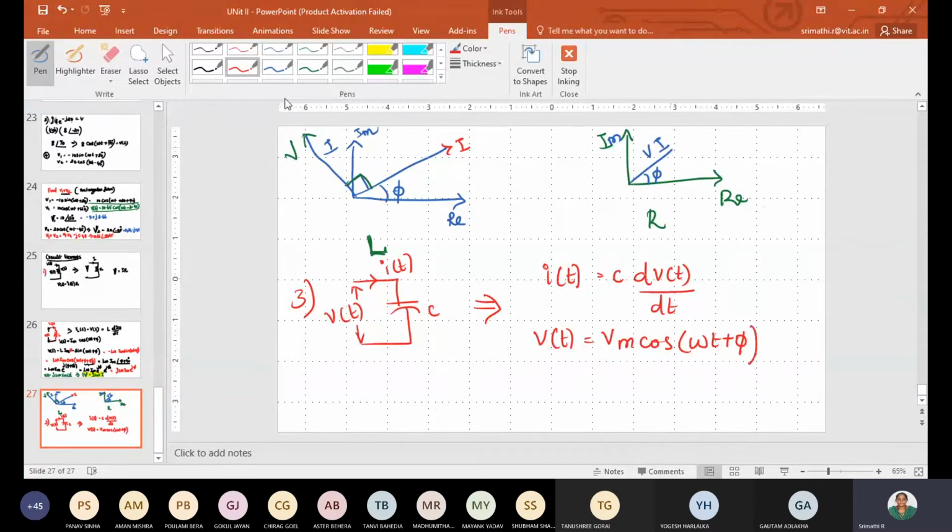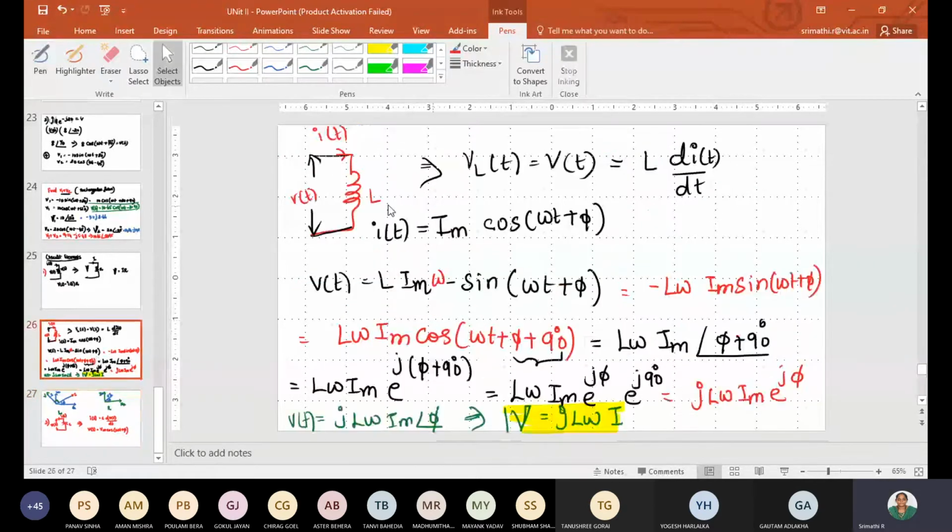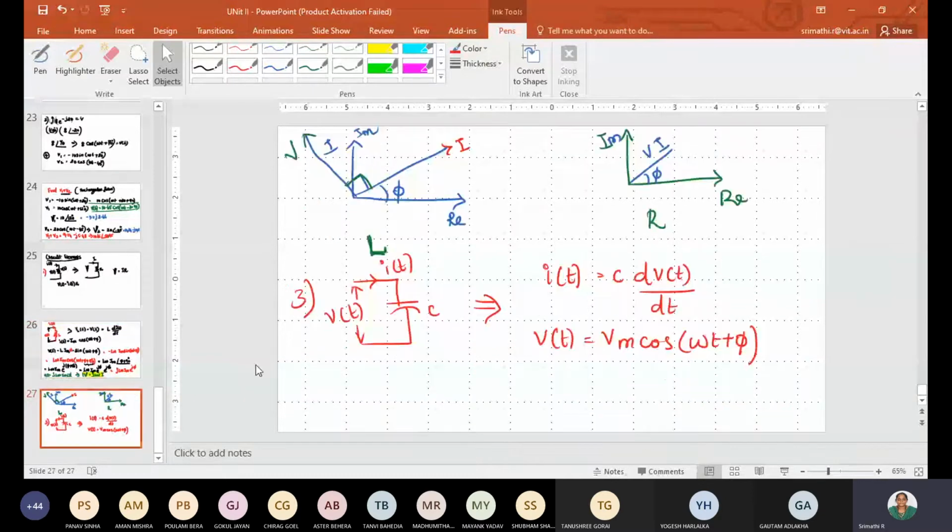Again, you need to proceed in the same way. Are you getting me? So again, this is C into the differentiation: C Vm omega times minus sin of omega t plus phi. This is I of t.